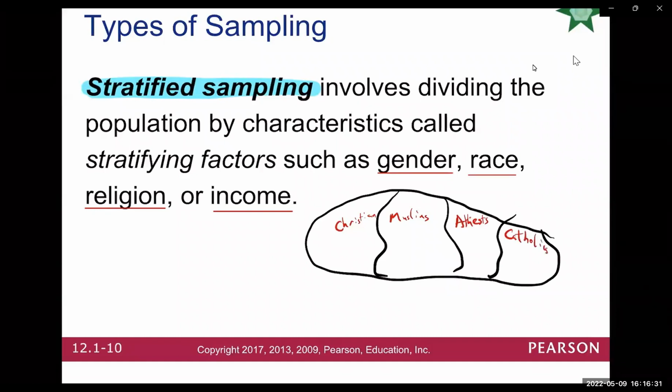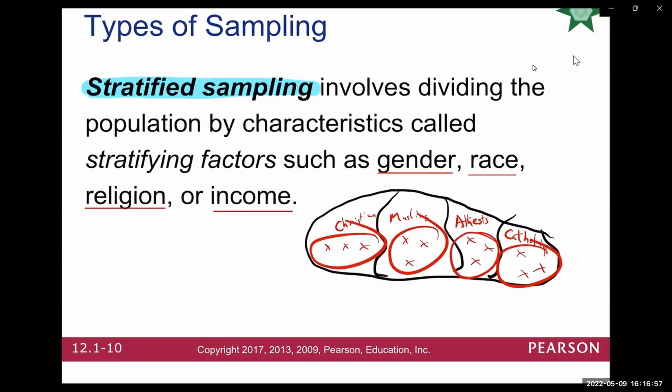So you would stratify by religion, and then you would get a few Christians, a few Muslims, a few atheists, a few Catholics. You wouldn't get all the Christians or all the atheists. You would just get a sample from each group, and that would be called stratifying.